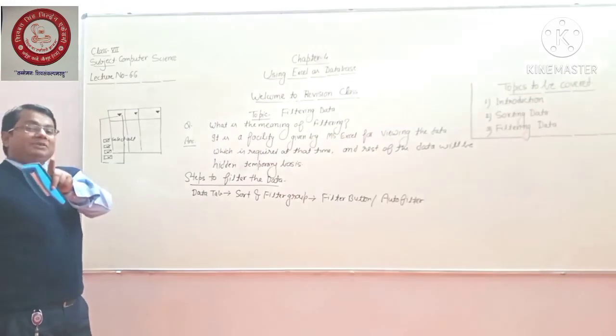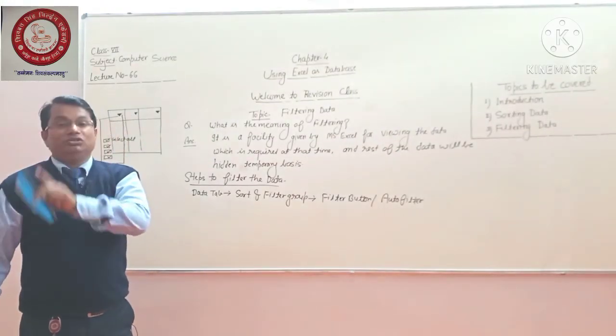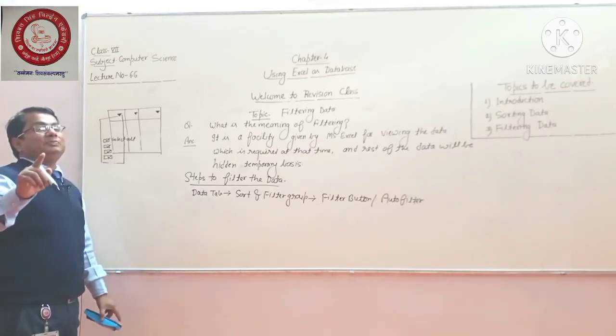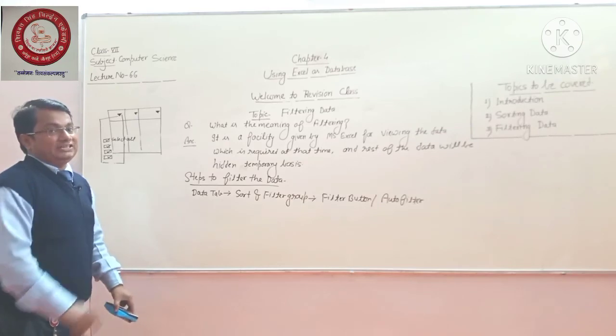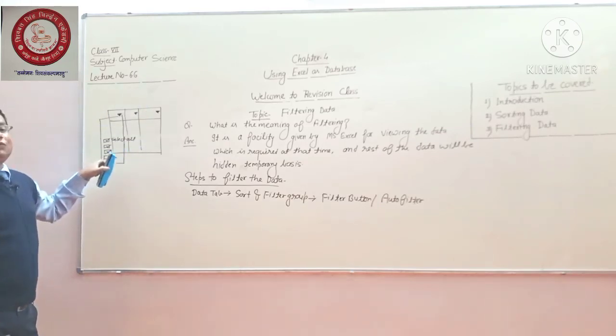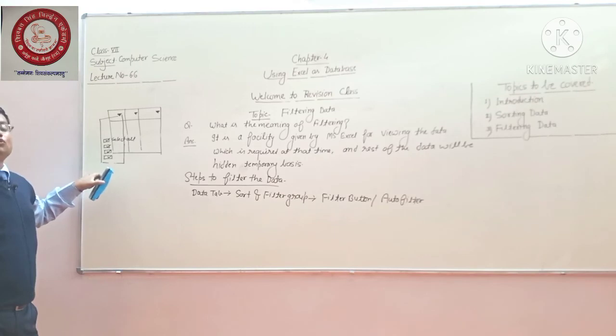I have committed that I will give you one more method for sorting of data, so I am just going to fulfill my commitment. This is the data which we have already selected, and once it is selected, whatever checkboxes appear are only for filtering.